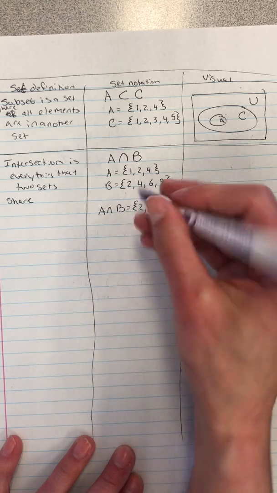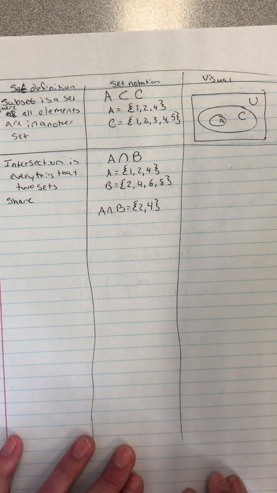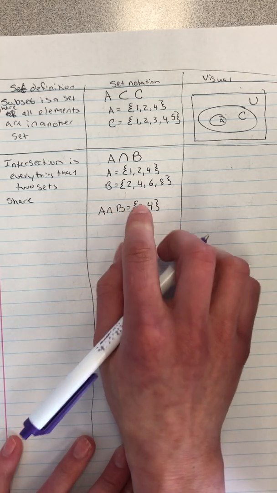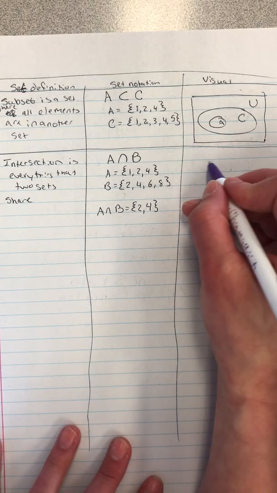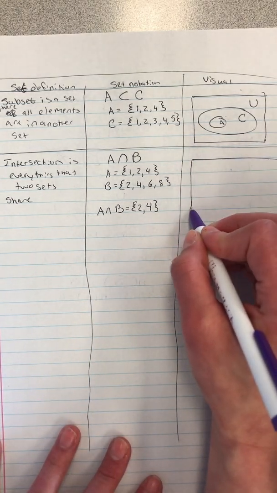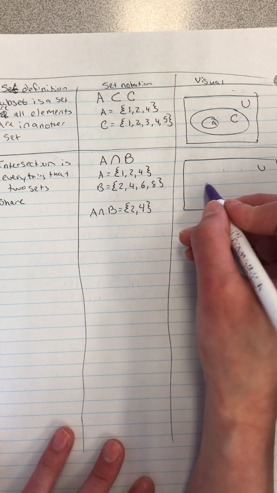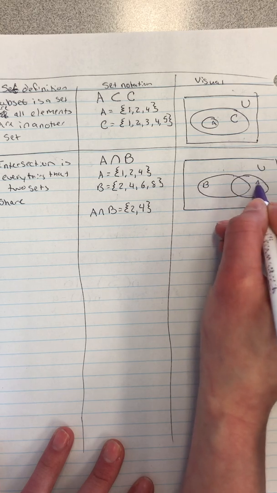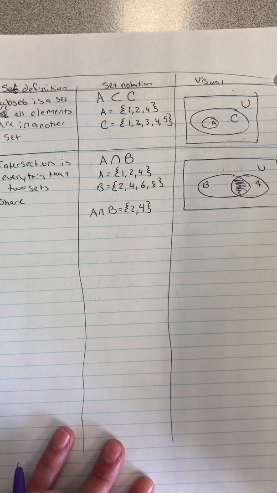They both have a 4 in common. So 4 is in the intersection. So A intersection B has 2 elements, 2 and 4. A good way to look at it is, again, we have our universal set. This is set B, and this is set A. Everything in between is their intersection.